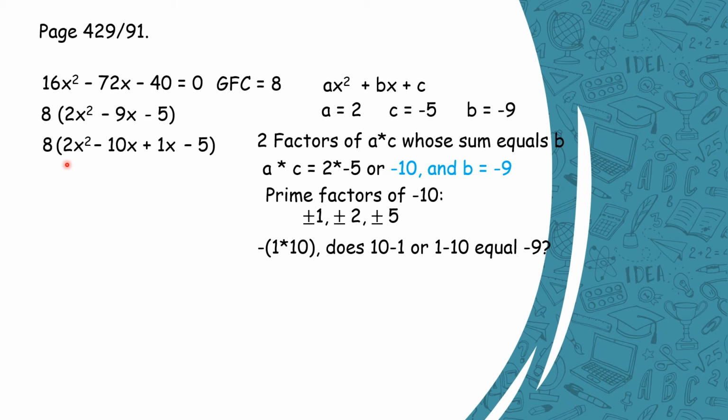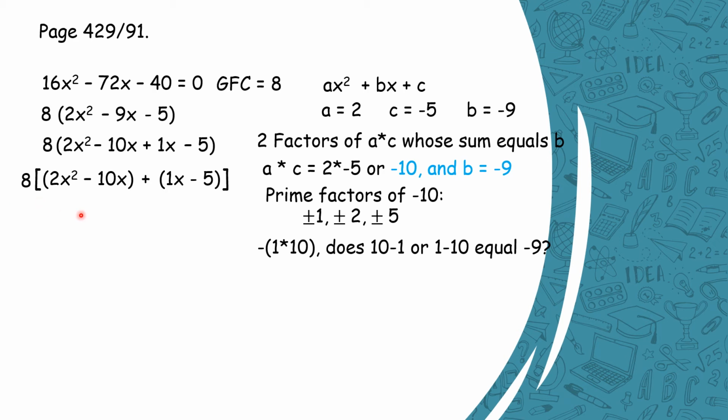We can group the four terms in such a way. The first group will be 2x squared minus 10x, and then we'll add the next two terms in a group of 1x minus 5. And all of this then will still be multiplied by 8.